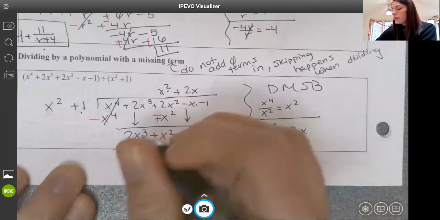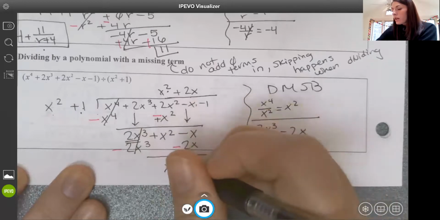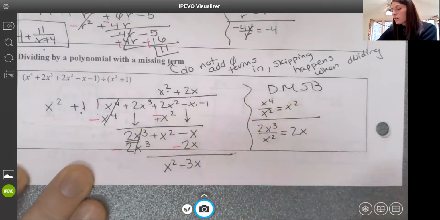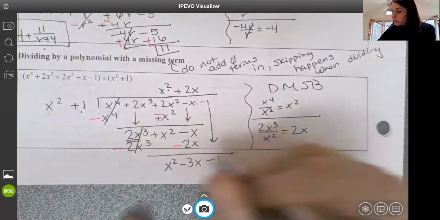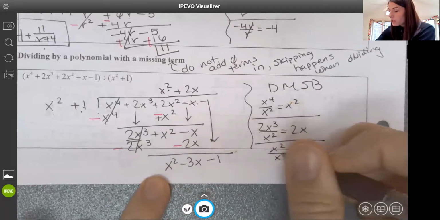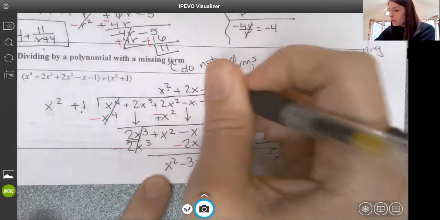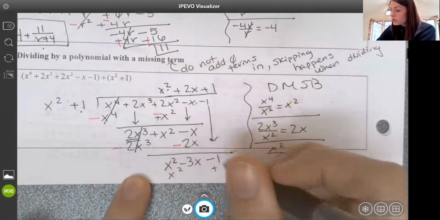Subtract, these cancel, so that term that was skipped ends up out front, and then negative 3x, bring down the negative 1. X squared divided by x squared gives me 1. Multiplying that through just gives me x squared plus 1.